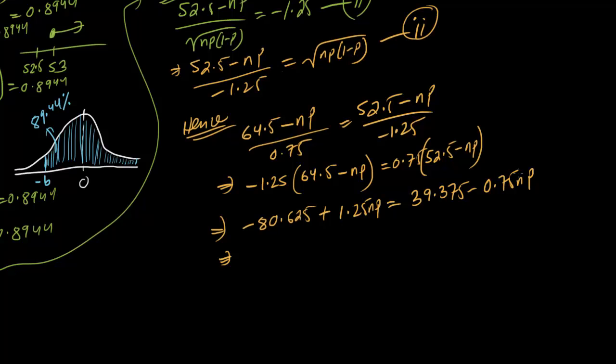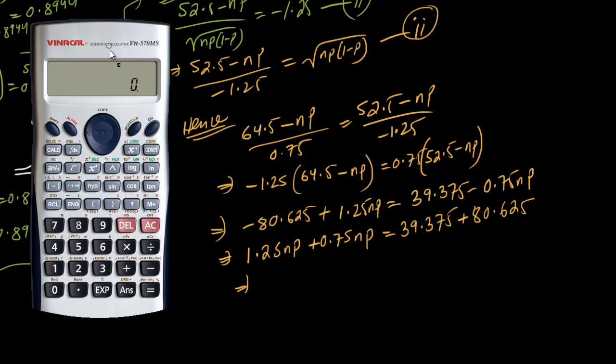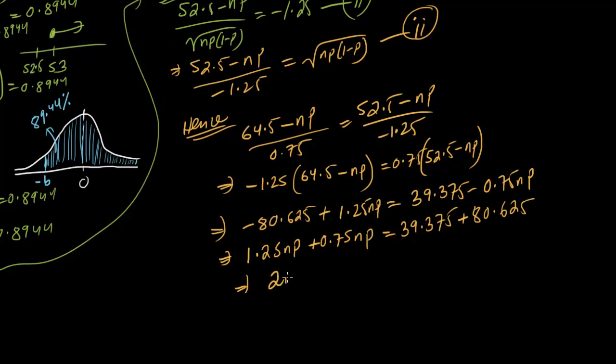So let's bring all the NP on one side. 1.25 NP plus 0.75 NP equals 39.375 plus 80.625. So we can get 1.25 plus 0.75, and that turns out to be 2 NP.